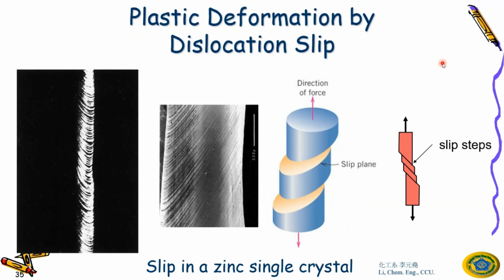So when you take a look at plastic deformation by slip, this is a zinc single crystal. If you pull the single crystal like this, you have slip steps like this. And when you use a microscope, you'll find something like this. So this is the close-packed plane, and this way is the close-packed direction, right?